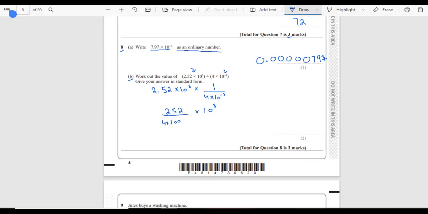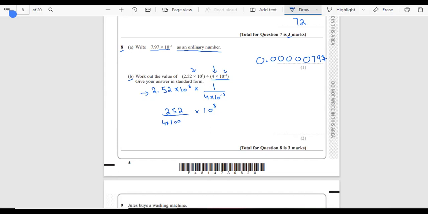But the other thing. Let me see, 0.00. I'm a bit confused on the method. Okay, let me help you. So this is the question. In the first step, I just changed the division sign to a multiplication sign, and I've taken the reciprocal of this.